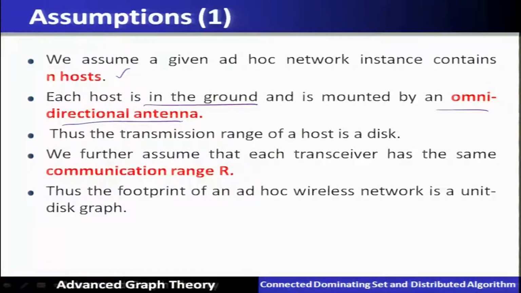Thus the transmission range of a host is assumed to be a disk. We further assume that each transceiver has the same communication range, that is R. Thus the footprint of an ad hoc network is nothing but a graph which is called a unit disk graph.